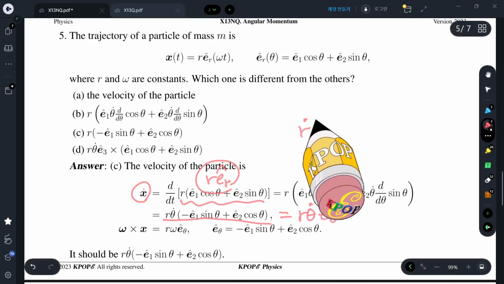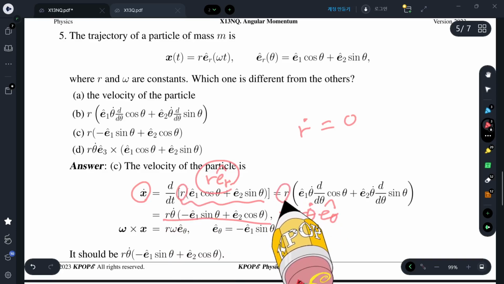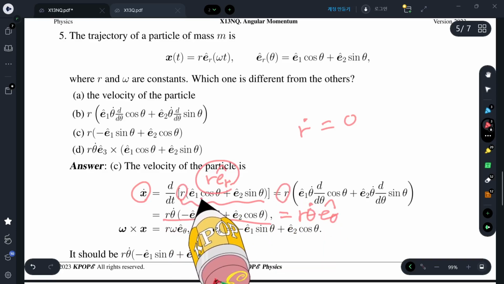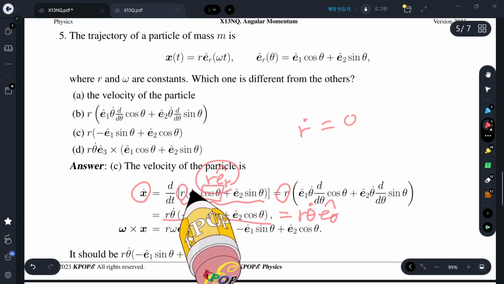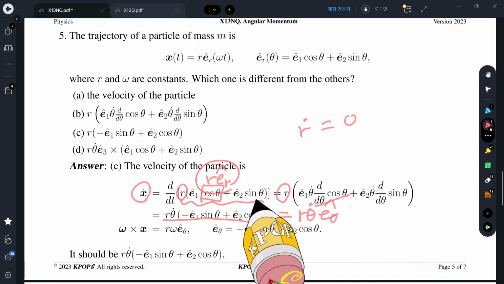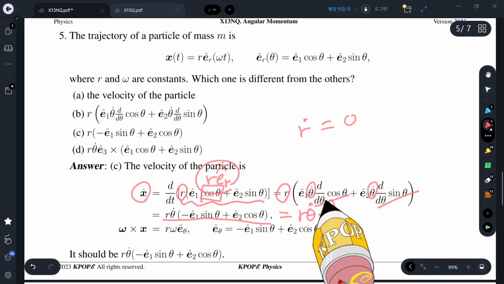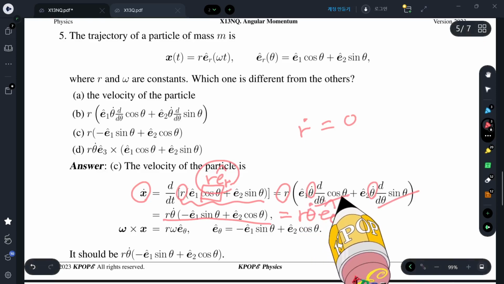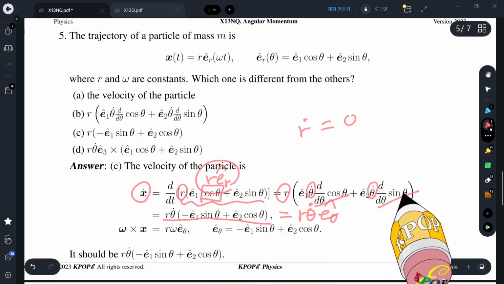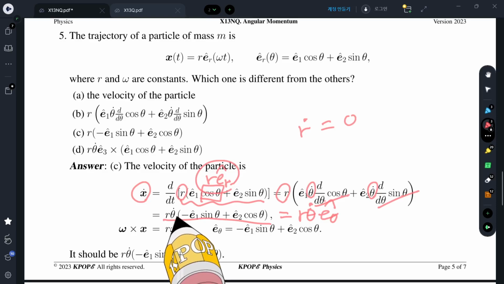Because r dot equals 0, it is factored out. When I compute the time derivative of cosine, I made use of the chain rule: sine, then multiply by the time derivative of the angle. So this one is a minus sine, and this one is a cosine, and I have factored this theta dot out.